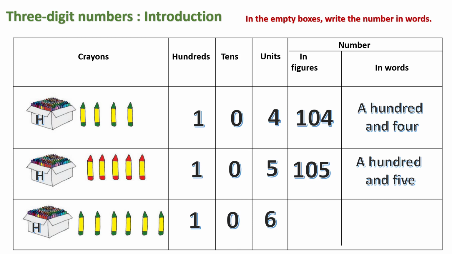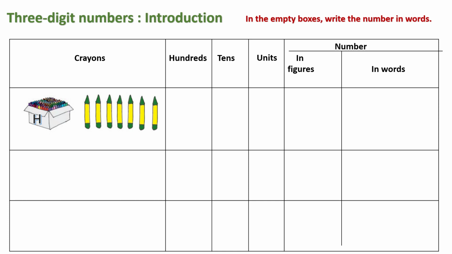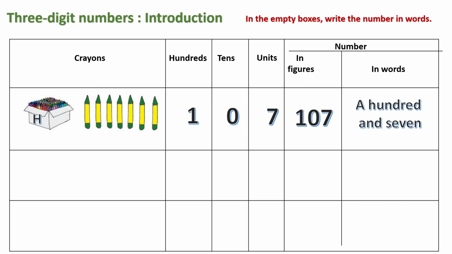In figure the number makes 106, and we read it 106. 100 crayons a box and units are 1, 2, 3, 4, 5, 6, 7. In 100 box we write down 1, tens 0 and units 7. The number in figures makes 107 and we read it in words 107.